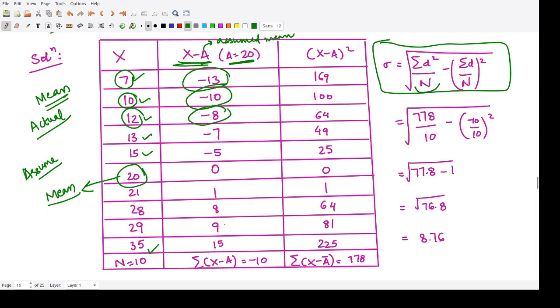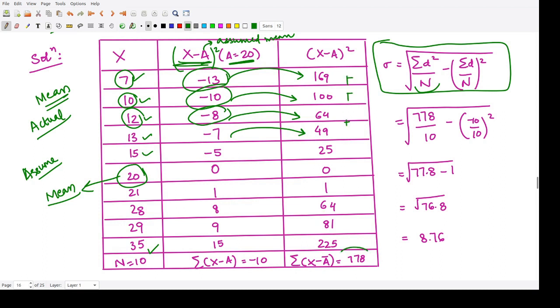You complete this column like this and then you square all these quantities. Once you square minus 13 you have 169, once you square minus 10 you have 100, once you square minus 8 you have 64, minus 7, 49 and so on. Finally you add up all these columns.